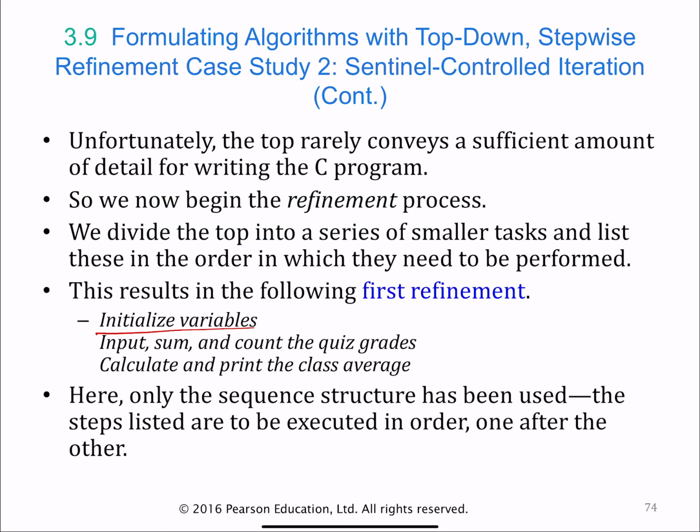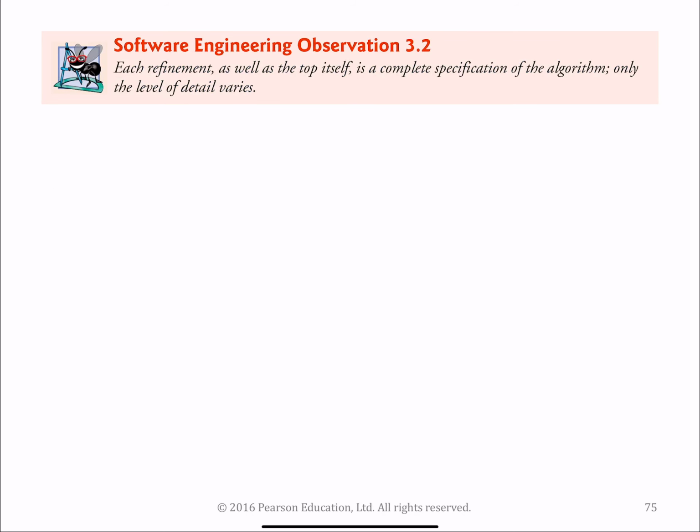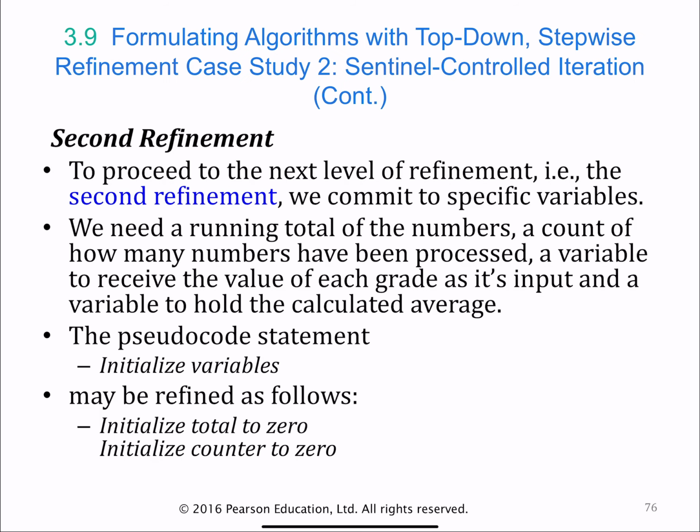First of all, initialize variables. Then receive input, sum up those inputs, and count the number of grades that we have received. Finally, calculate and print the average. It's still not very descriptive, not enough to start writing code perhaps.